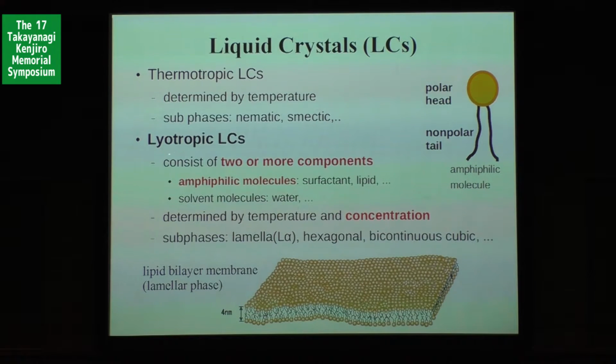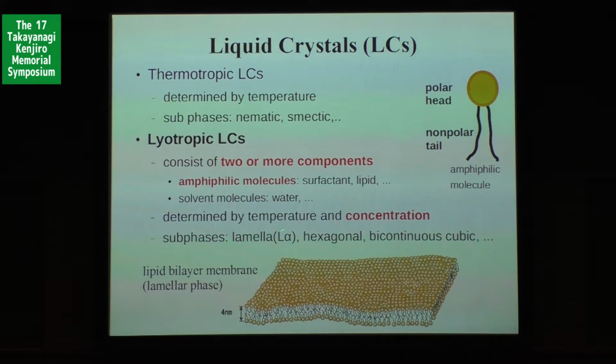But lyotropic liquid crystal is determined by temperature and concentration. So lyotropic liquid crystal consists of two or more components. One component is amphiphilic molecules like surfactant or lipid, and the other is solvent molecules, water and so on.